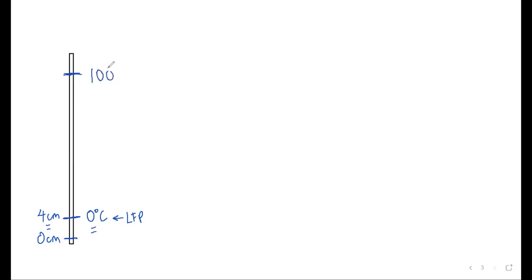Now the same non-calibrated thermometer we place in the upper fixed point, boiling water. We realize now the length of the mercury inside here is a perfect 29 centimeter. So if I take this non-calibrated thermometer and put it in a liquid with a temperature of 80 degrees Celsius, what should be the length of expansion of the mercury?